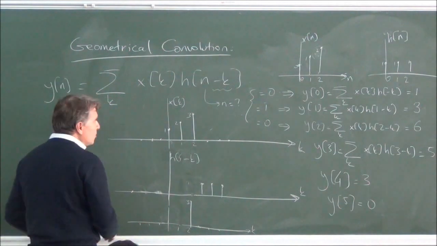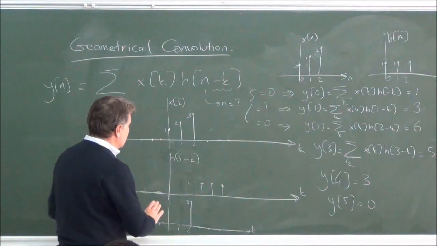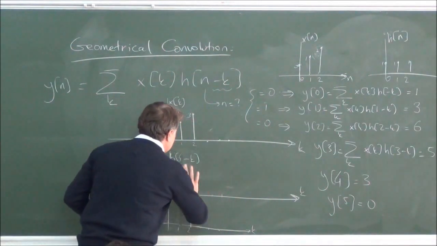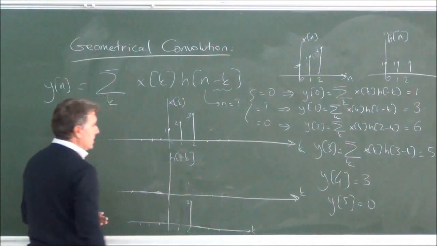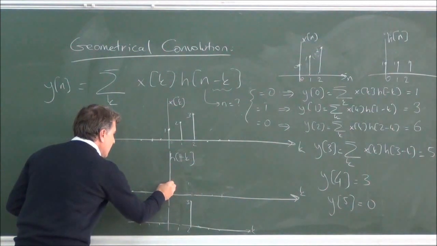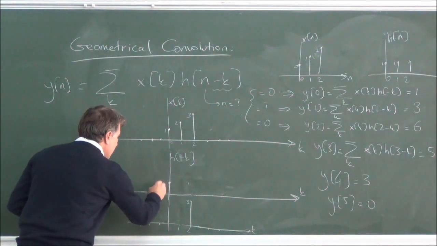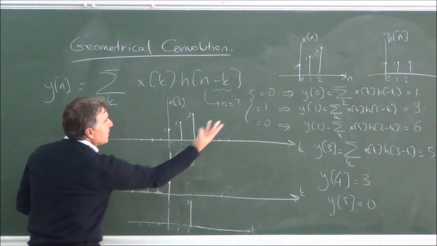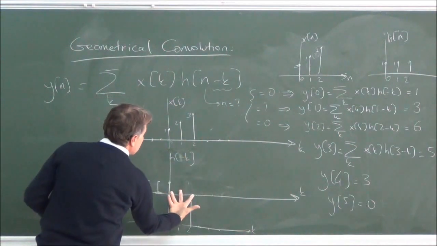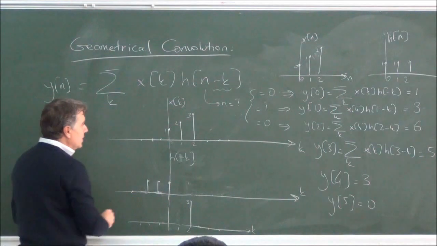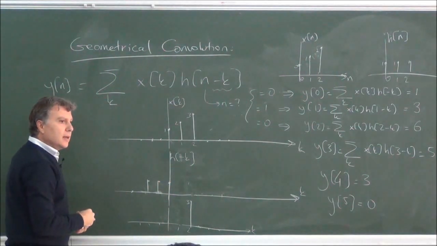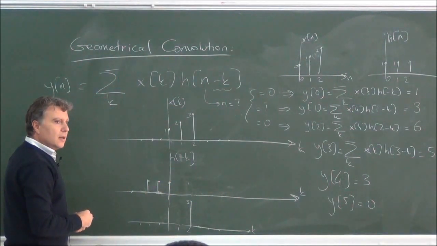As a matter of fact, you could go in the other direction. We said that h of minus k is this. Right? Flipped around version of h of k. H of k was here. We flipped around. This is h of minus k. What is h of minus 1 minus k? That's also possible.